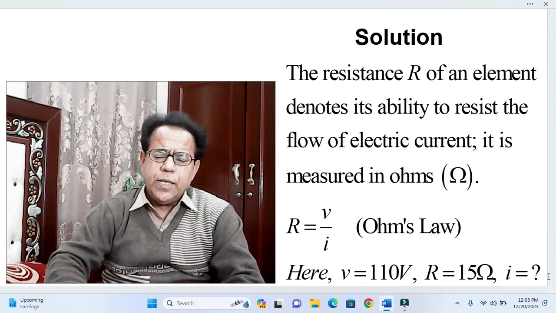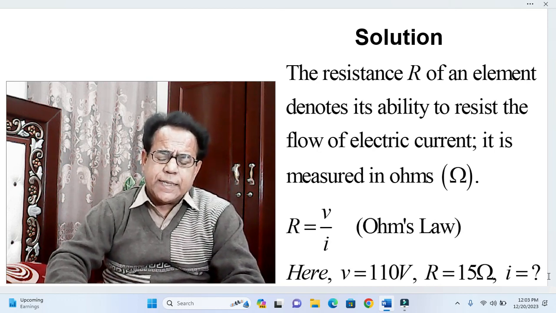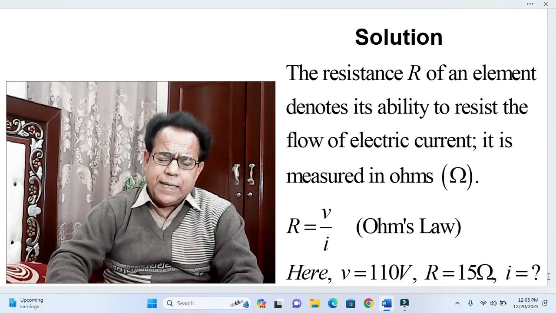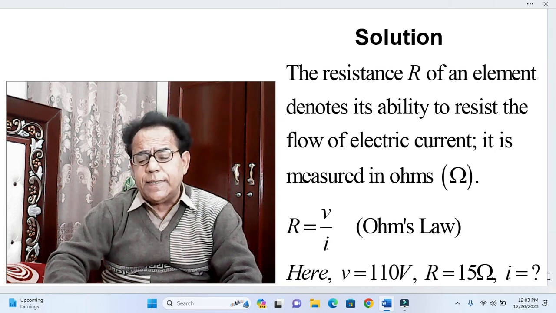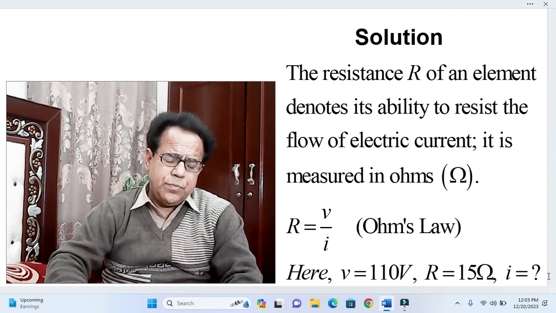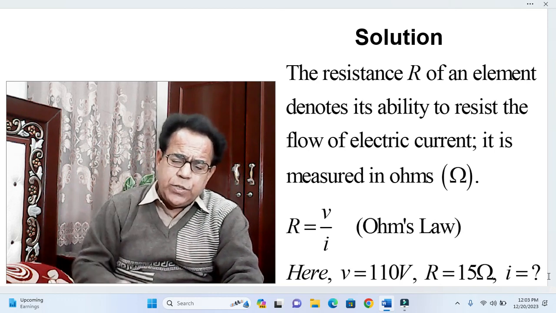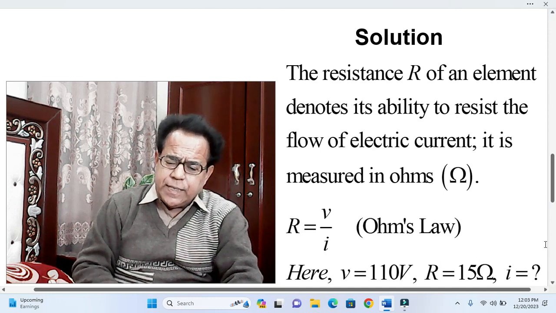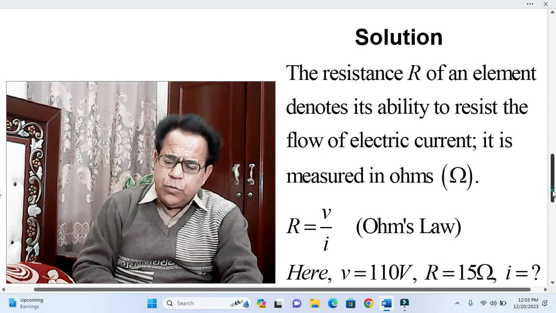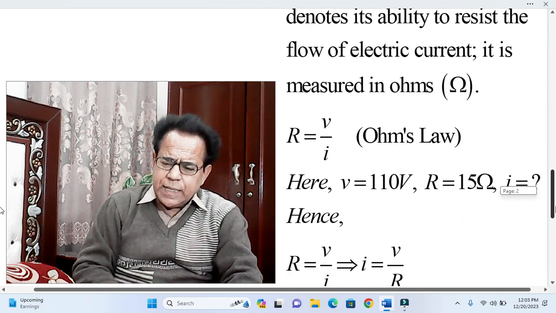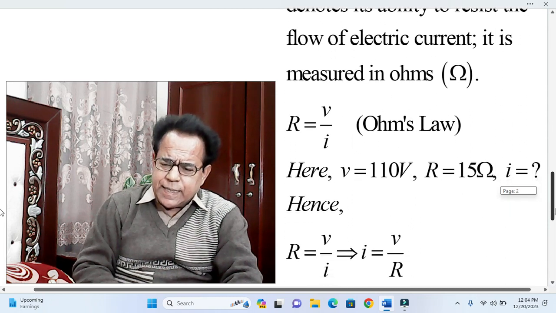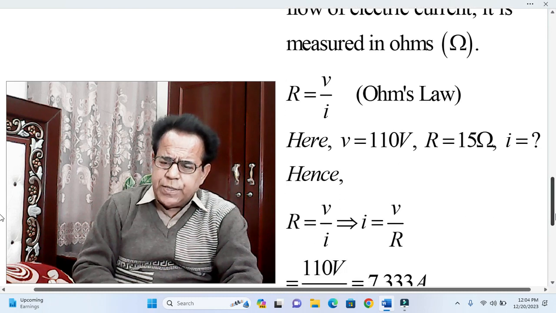Here conductance or conductivity is not our primary concern, but because conductance and resistance are inversely proportional to each other, reciprocal of each other, we have pointed out here that resistance and conductance are reciprocal of each other.